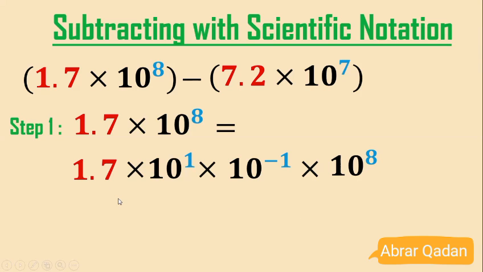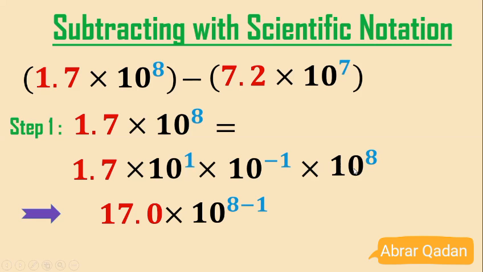And 1.7 times 10 to the power 1 means we have to move the decimal point from left to right by one digit, to get the answer 17. And from 10 to the power negative 1 and 10 to the power 8, when we multiply, we have to add the exponents, again to get the answer 17 times 10 to the power 7.